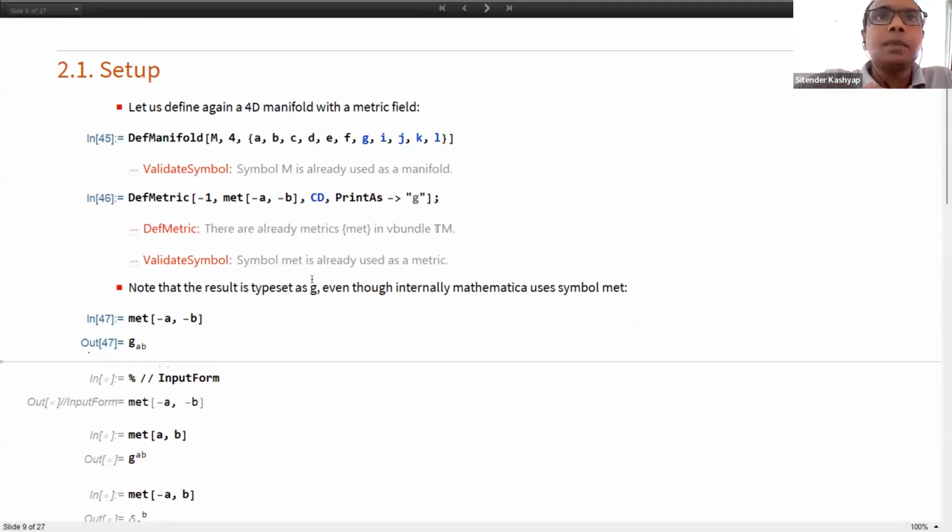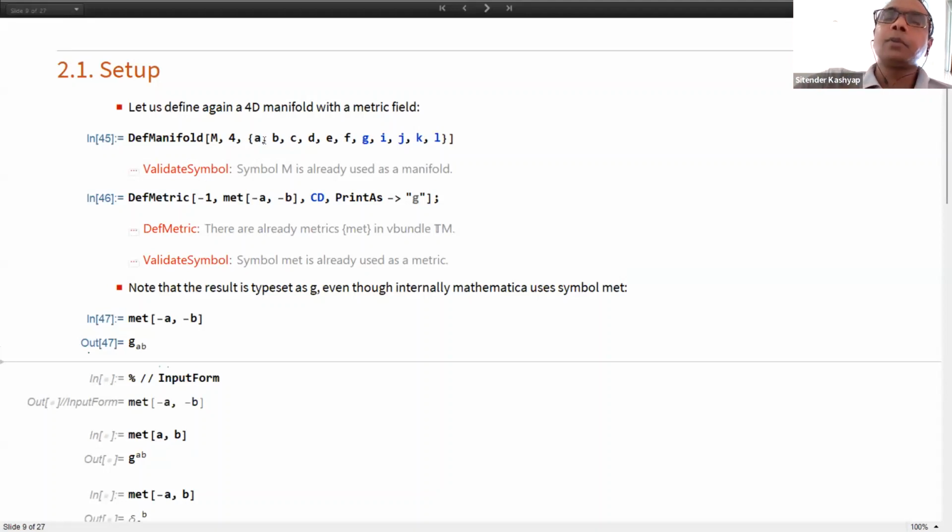Once we define, for example, the manifold, there are a finite number of indices we have put in Mathematica. Now it can happen that we have taken a product of a lot of tensors, and then eventually it will run out of indices. So what it does is it takes one of the indices and attaches dummy dollar indices to that, essentially dollar 1, 2, 3, whatever, up to n of them.